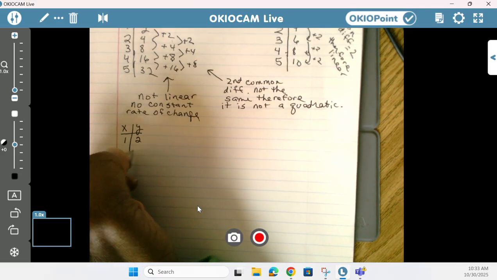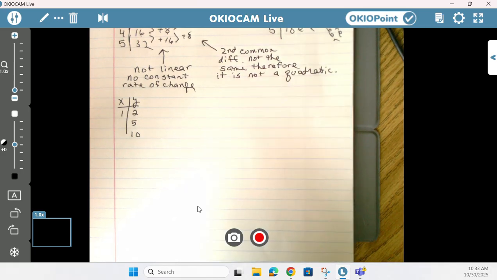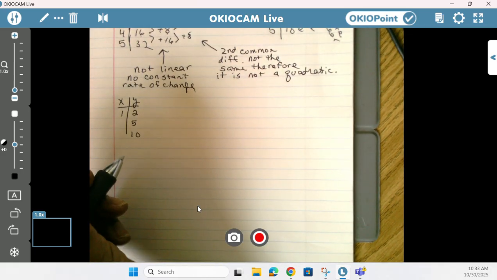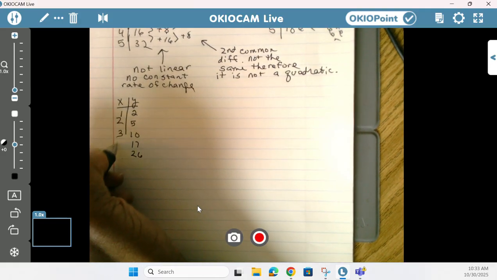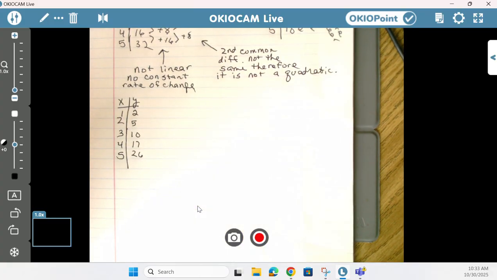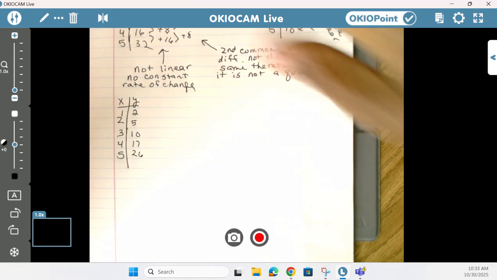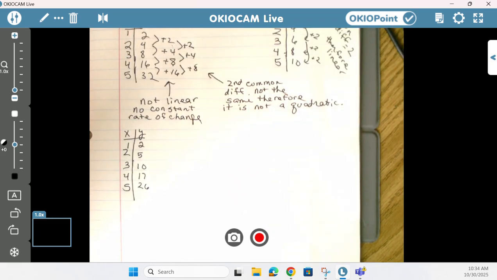First stage, 1, 2, 3, 4, and 5. What I want you to do is find the first common difference and then find the second common difference.